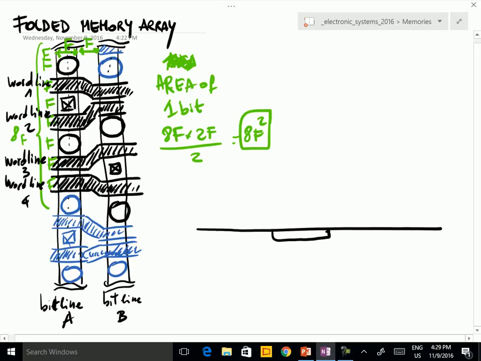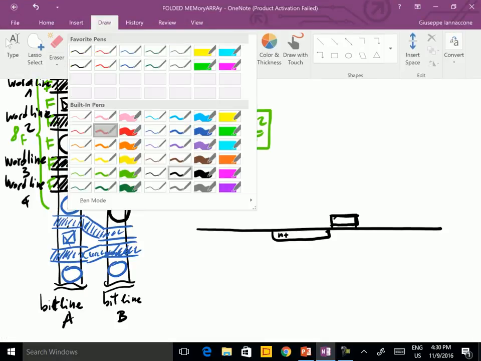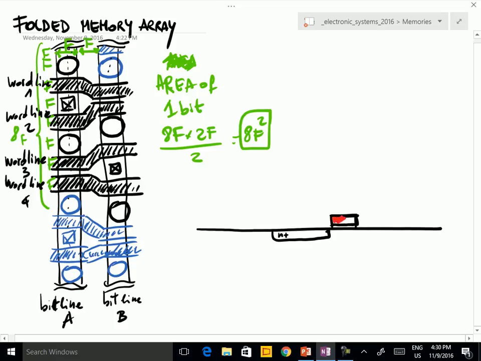This is the N plus region in correspondence of the contact, and then above it we have one transistor, and below it we have another transistor. So we have this situation. This is the gate, and this is the word line. Let me draw it in red. Okay. This is the word line.